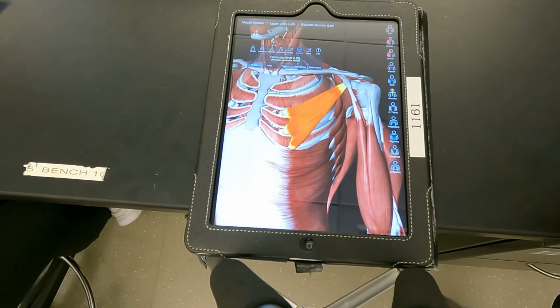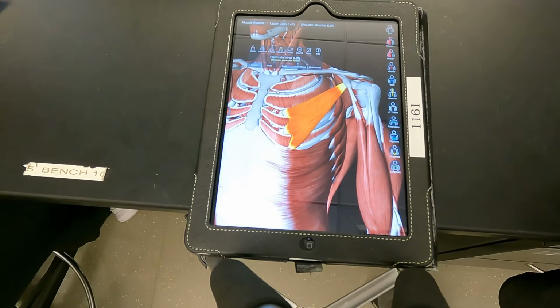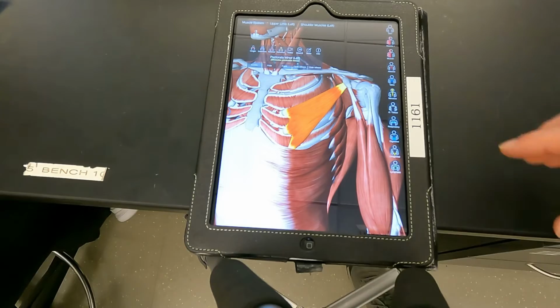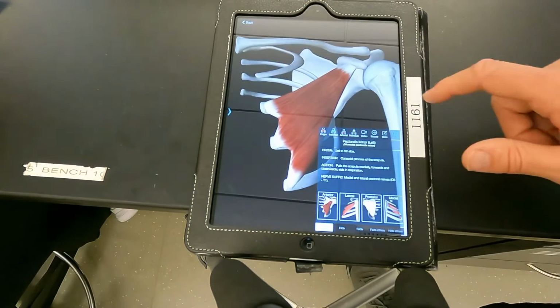Pectoralis minor. Okay. Where's the origin for the pectoralis minor? It's in the ribs here. Yeah, third ribs. Yeah. And what about the insertion? You can isolate it if you want.